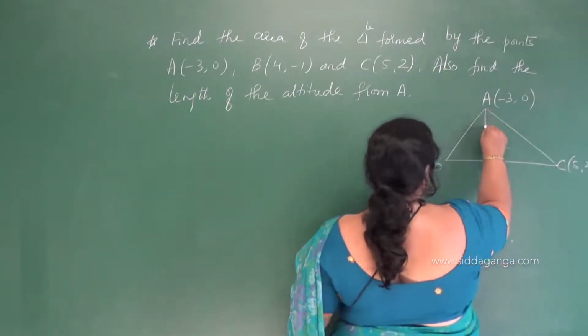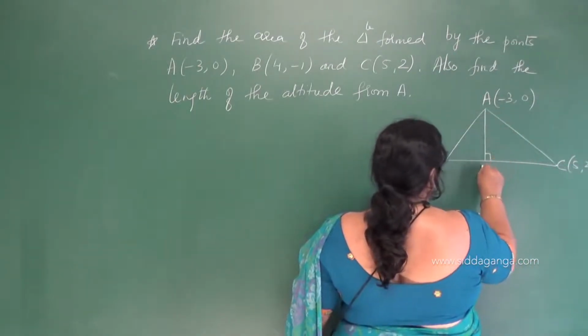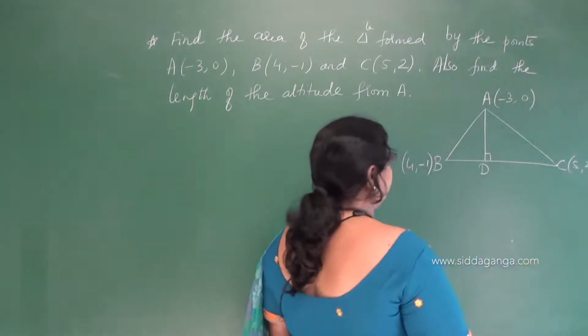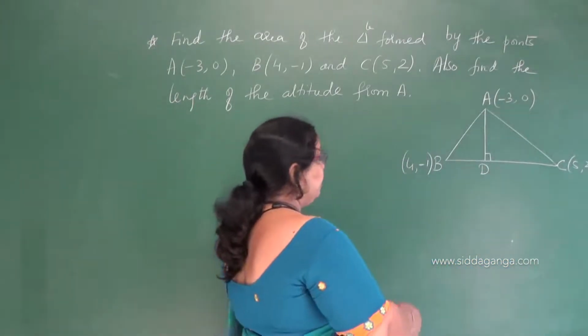Altitude means perpendicular, so draw AD perpendicular to BC.